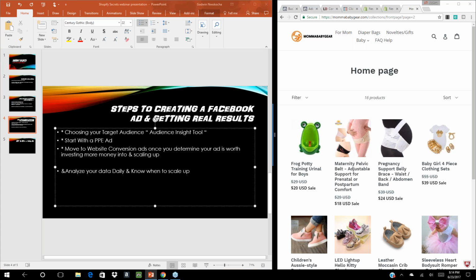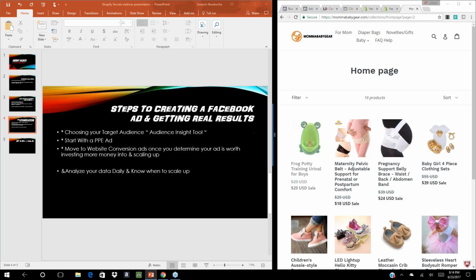And the next thing that I do after I run my PPE ad is I gather all the data, and I see that this ad right here is getting more engagement than this ad. So what I'll do is I'll duplicate that ad into a conversion. And really, before you even get to running conversion ads, there's a couple of things you really want to see.